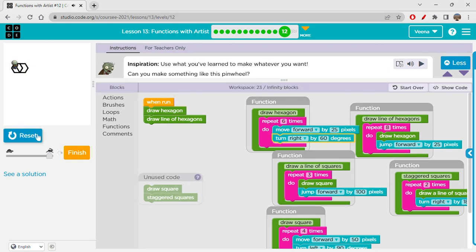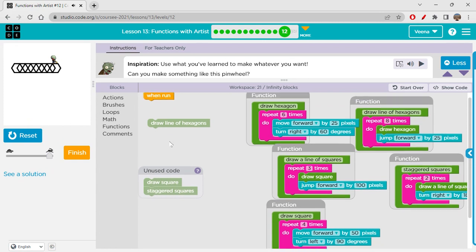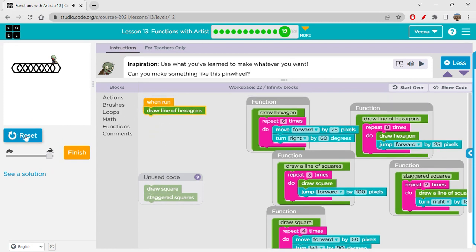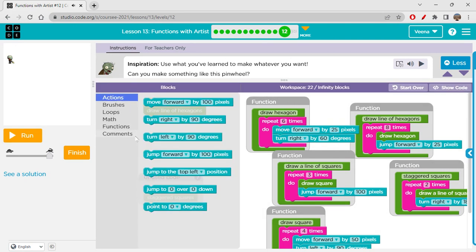Reset. Okay. Now I get it. Draw hexagon need not be called. Draw line of hexagons is enough to draw a line of hexagons. Yeah. Let's do one thing. Let's play around with it now.